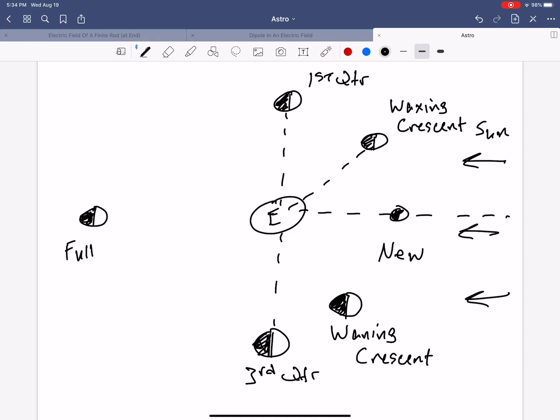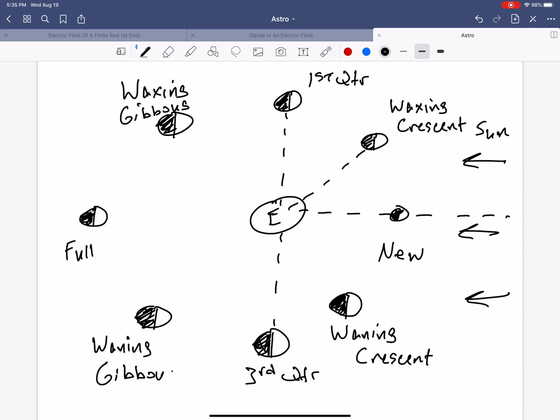And the last two are the gibbous moons. This is a waxing gibbous, and down here is a waning gibbous. The angle between the moon, the Earth, and the sun is now greater than 90 degrees, but it's not quite a straight line because it's not quite full.